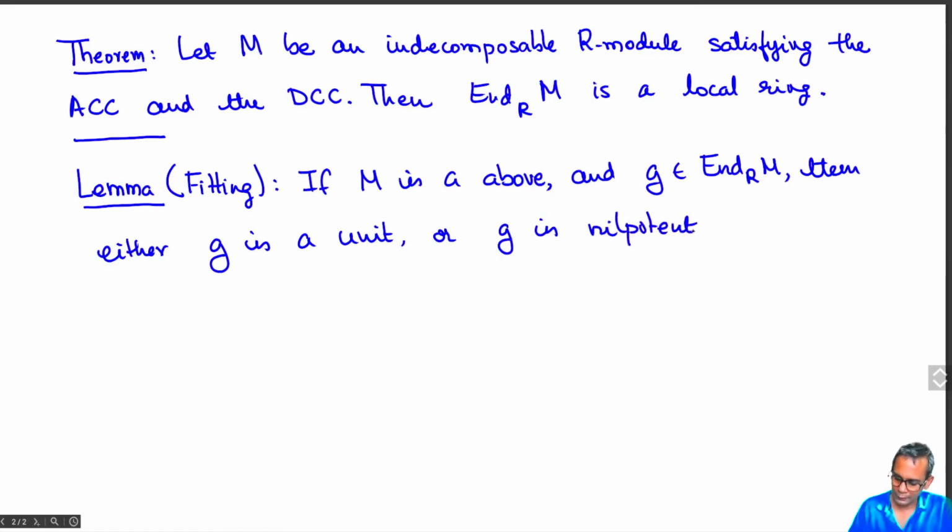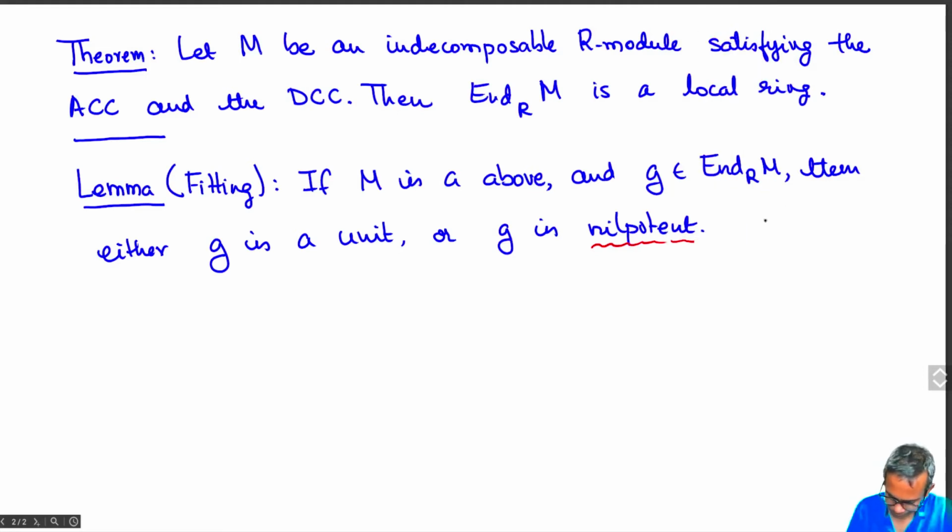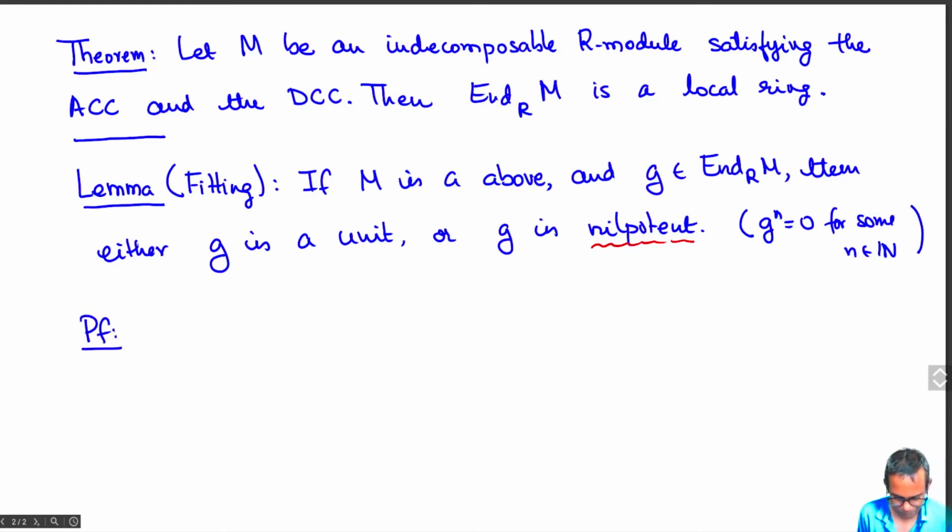Okay, recall that nilpotent means that g^n is equal to 0 for some n belonging to N. Some power of g vanishes. Okay, so let's prove Fitting's lemma.